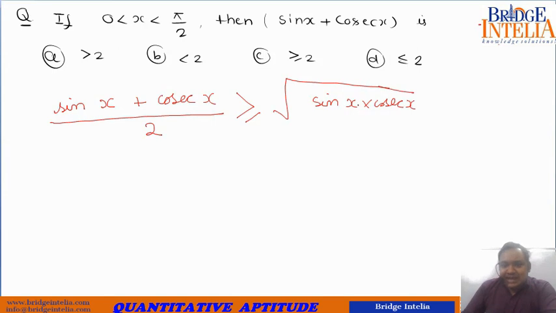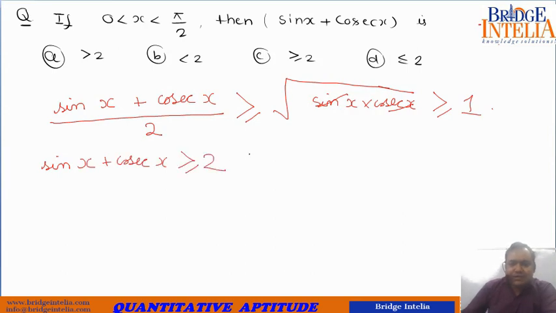Now we know that sine and cosec are reciprocals of each other, so this gets cancelled, this becomes 1. So this is greater than or equal to 1, which in turn would mean that sine x plus cosec x is always greater than or equal to 2. So this has to be the correct answer.